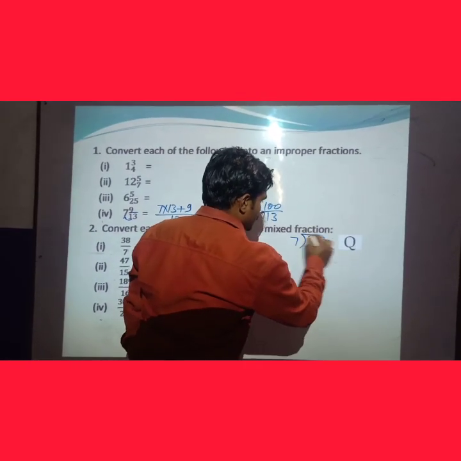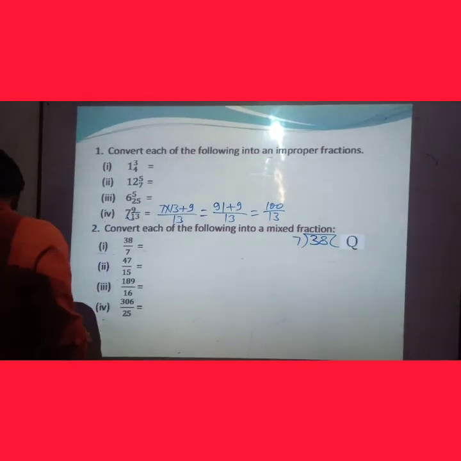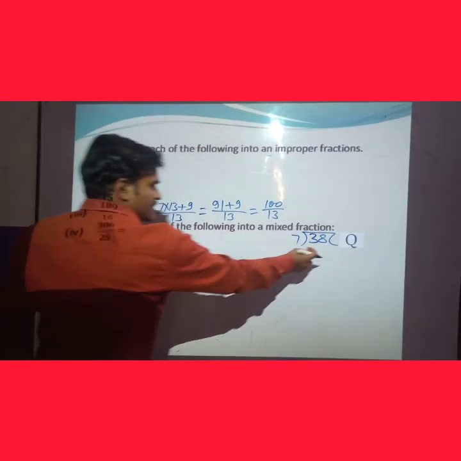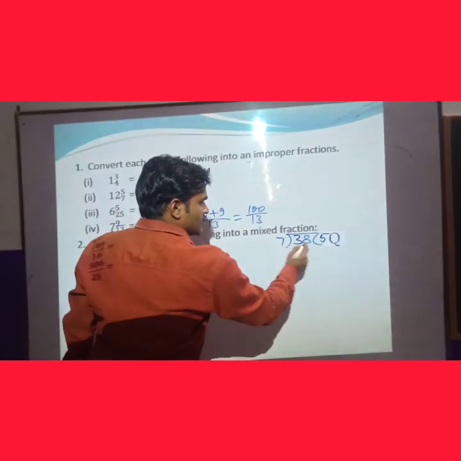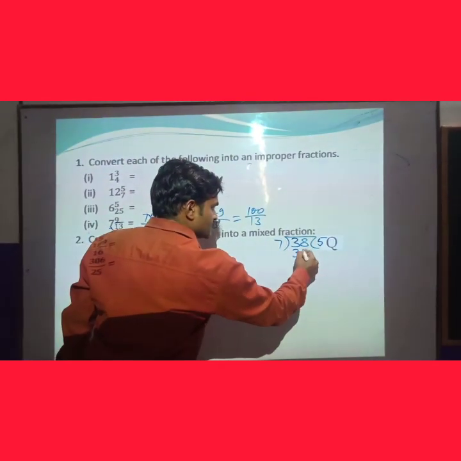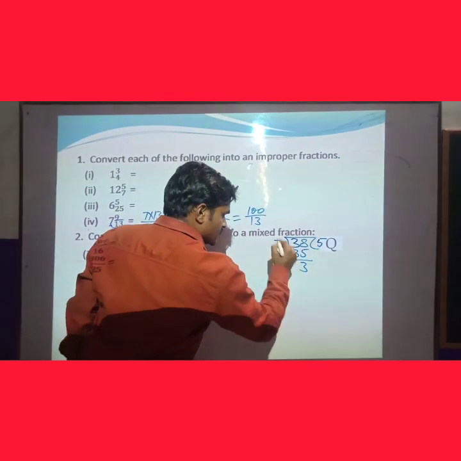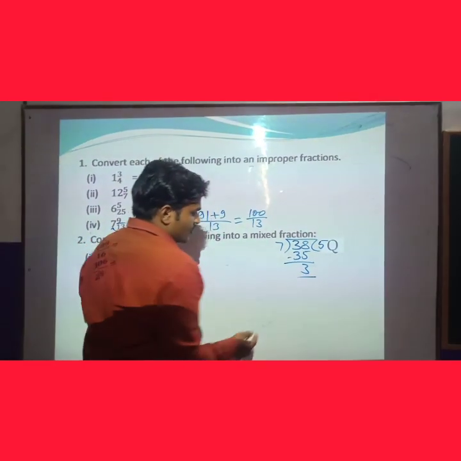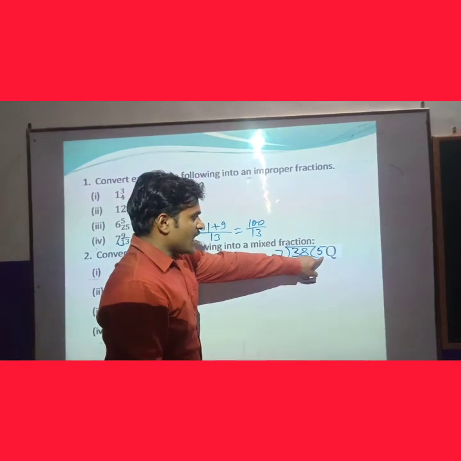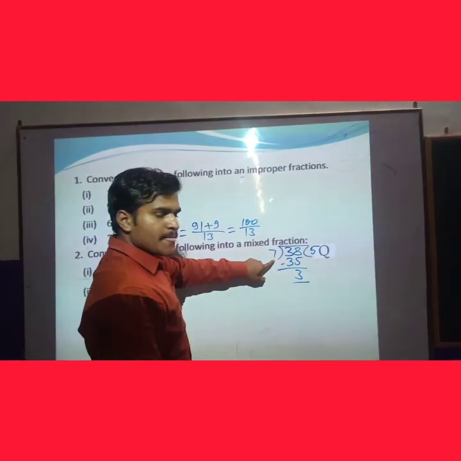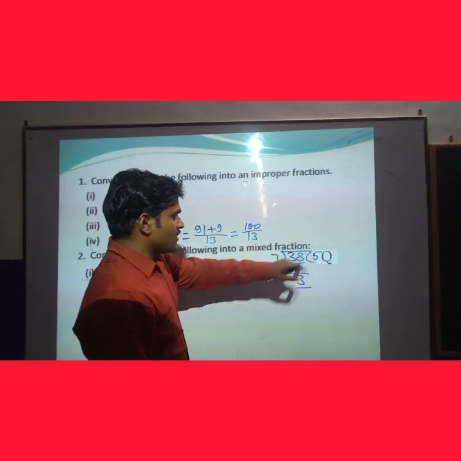Here 38 is the dividend and 7 is the divisor. 7 5s are 35, so we get 3. 3 is the remainder. Now the remainder is less than the divisor. So 3 is the remainder, 5 is the quotient, 7 is the divisor, and 38 is the dividend.